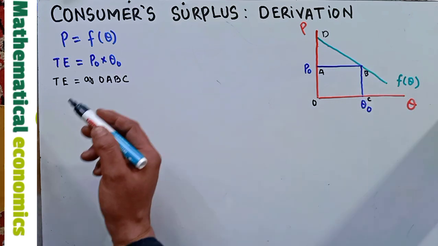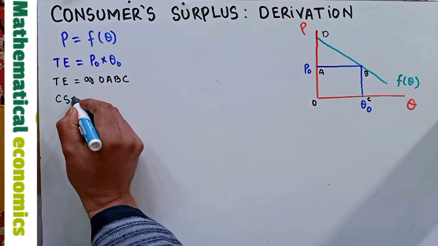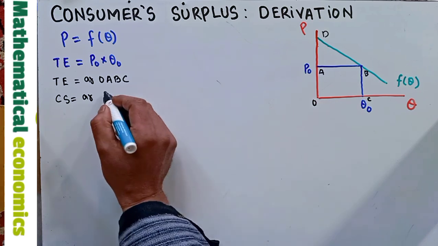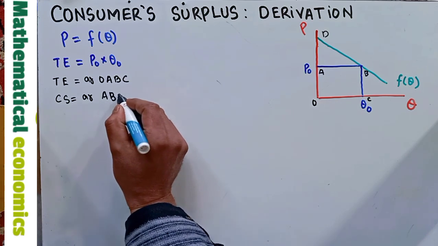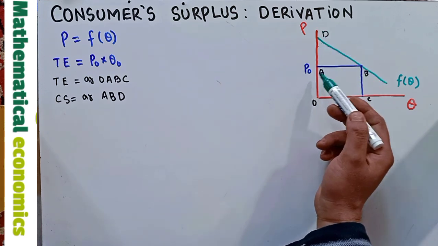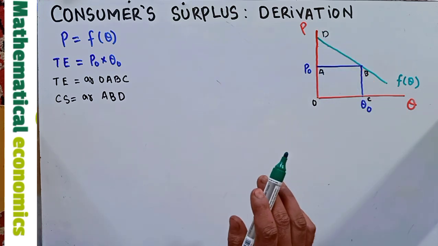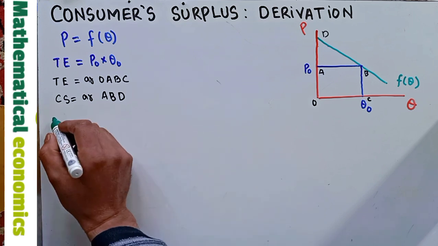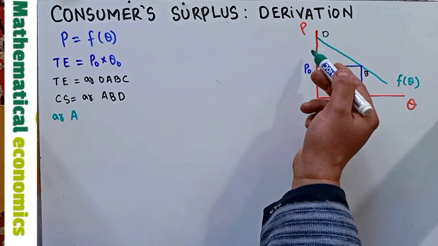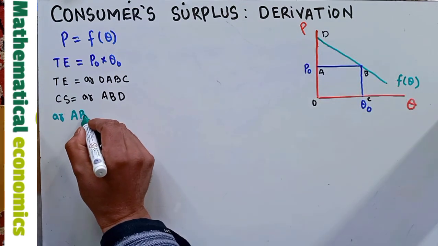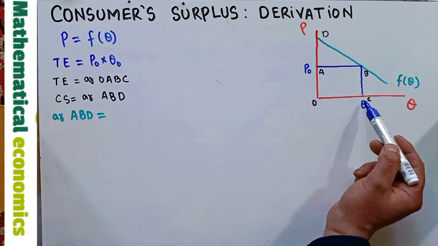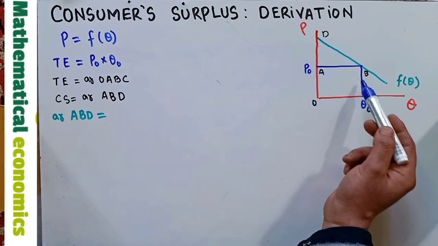So consumer surplus is this triangle, the area of triangle ABD. Now how do we calculate this area ABD? The area of triangle ABD will be equal to the area of this whole region, this trapezium.